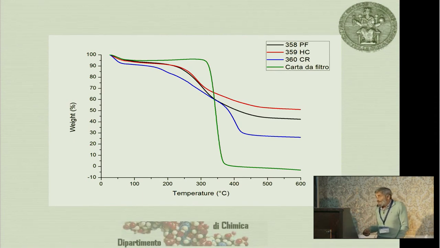The perturbing polymer does not lose weight until it reaches about 350 centigrade, the normal stability of a C-C carbon bond, and then goes to zero.